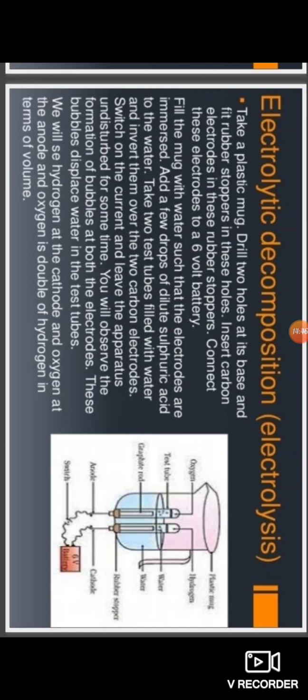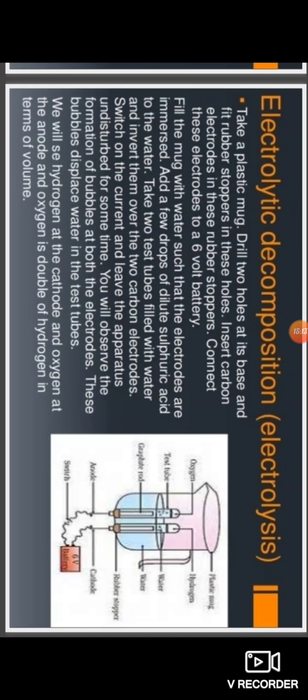Observe this figure, so you can easily know that. Here hydrogen at the cathode and oxygen at the anode.